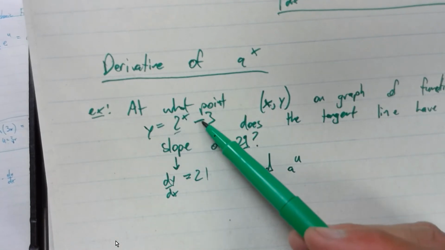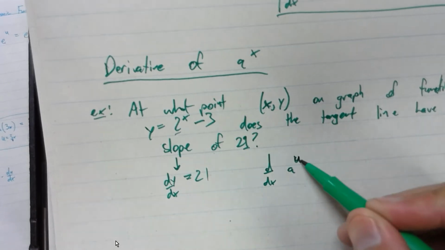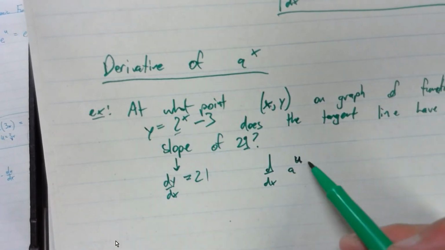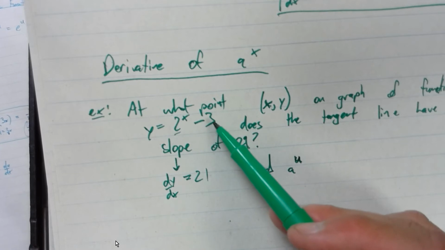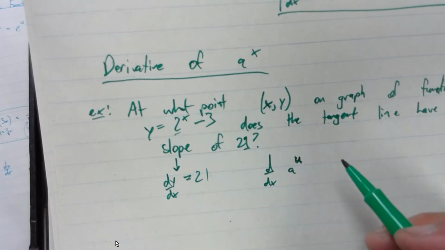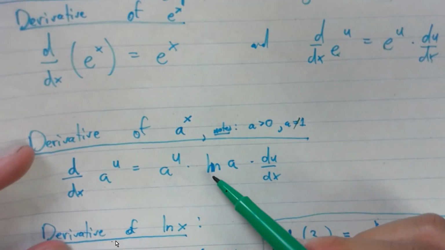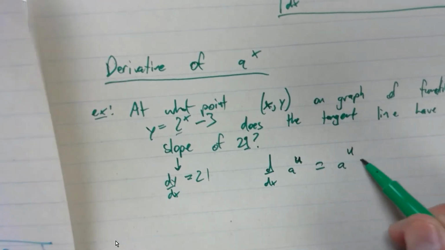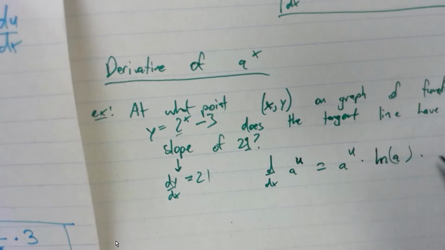The minus 3x is just a constant, so don't even worry that it's there. Don't be confused or scared that you can't plug in the 3 somewhere in here, okay, because it really doesn't matter, right? When you find the derivative of a constant, it's just going to be 0 anyways. And then the derivative of this, let's rewrite this, is a to the power of u times ln of a, okay, times du over dx.